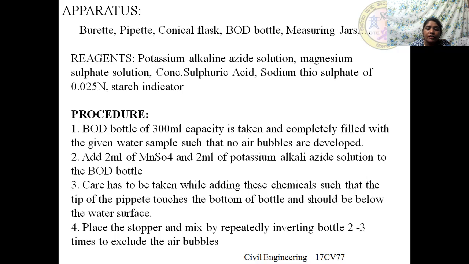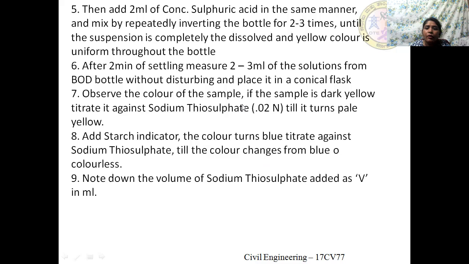After potassium alkali azide solution and manganese sulfate solution are added, the next step is to add concentrated sulfuric acid. We add 2 ml of concentrated sulfuric acid in the same manner. That is, again care has to be taken such that the tip of the pipette touches the bottom of the BOD bottle.